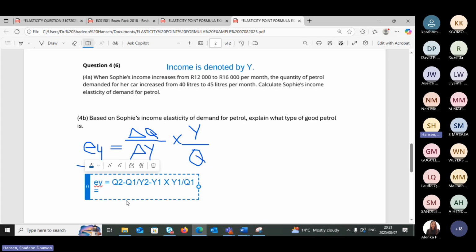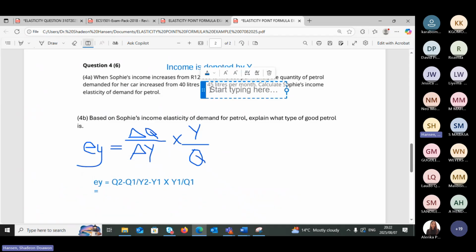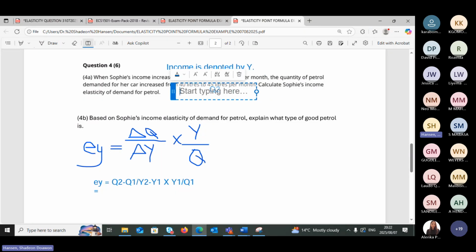So our 45 liters is our quantity 2, and the 40 liters is quantity 1. I should have actually put it in here. Right, so 45 is quantity 2, that's Q2, and 40 is Q1, in case you were wondering.